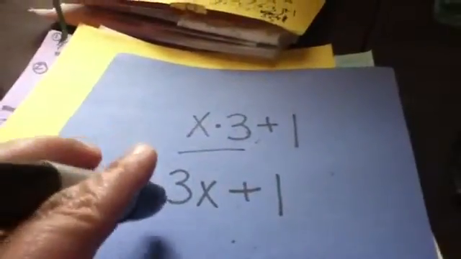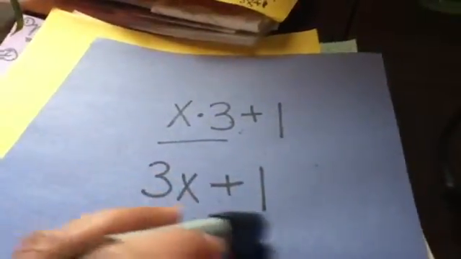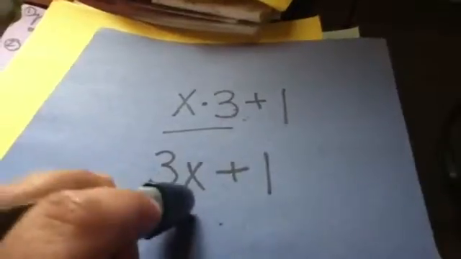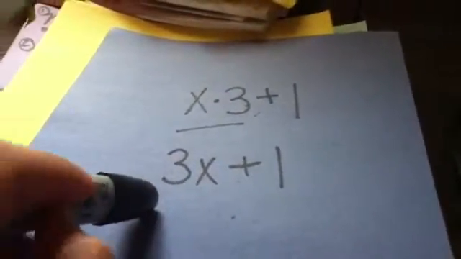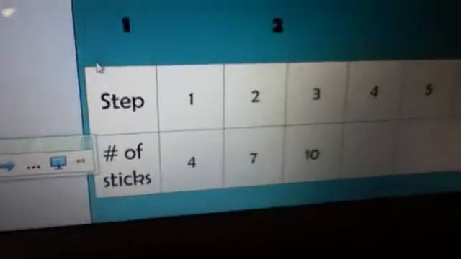So to write this easier, we're going to say 3x plus 1, or x groups of 3 plus 1, because we always have that 1 stick that we start out with, and then depending on our step number, we have that many groups of 3 each time. So let's go ahead and test this algebraic rule with the information that we already know to see if this rule will work.